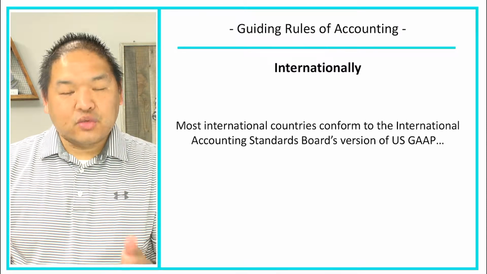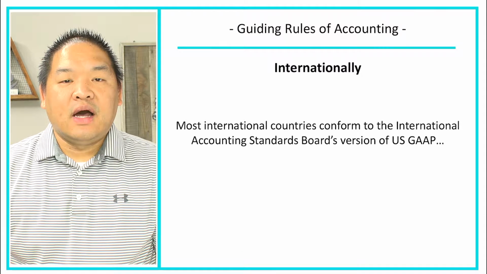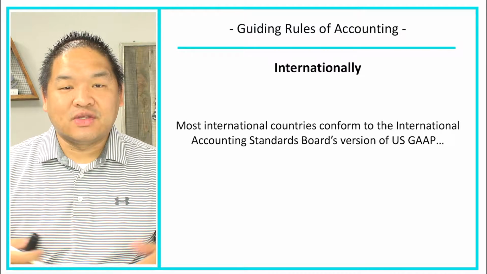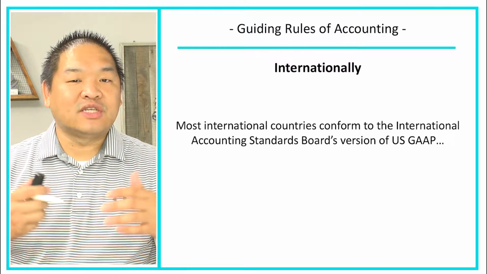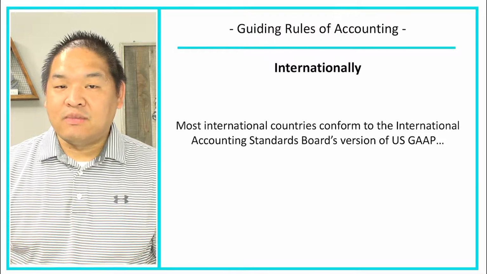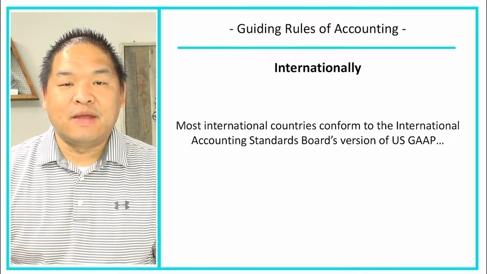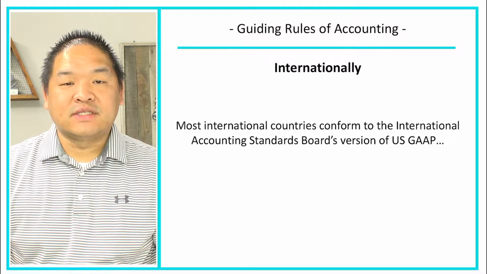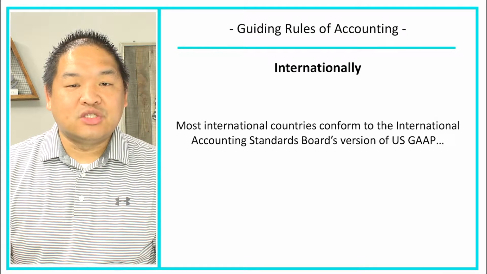The reason why this one comes into play is because we are a globalized business world. And so because we are such a globalized business world, we should be able to compare not only financial statements within the country that we do business in, but we should be able to do it internationally. So for instance, American Honda is based in Japan.